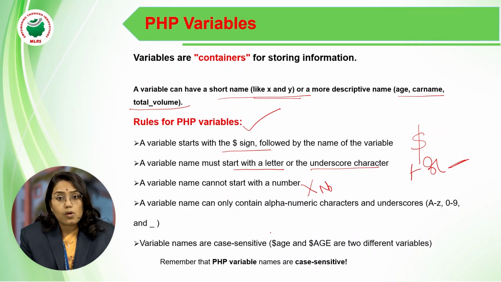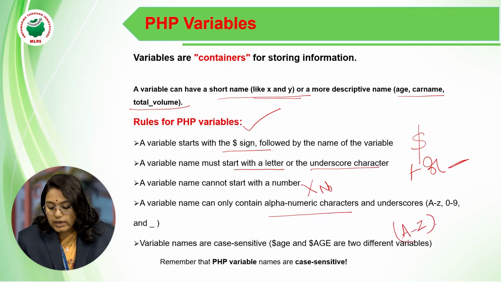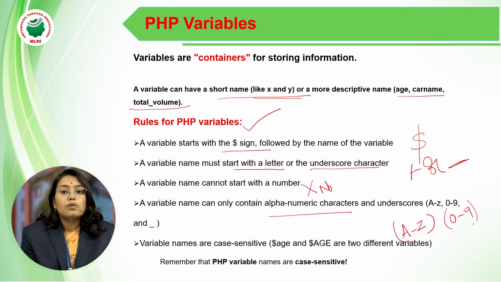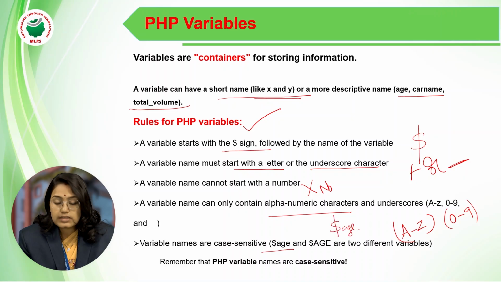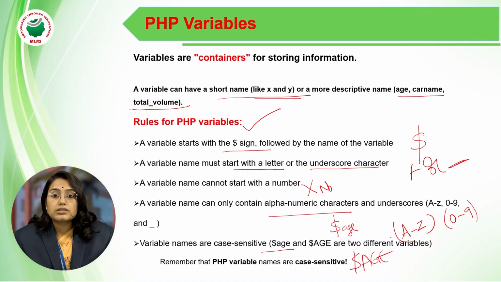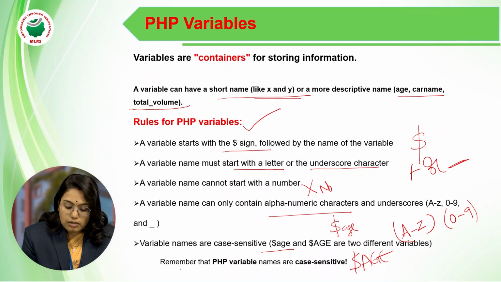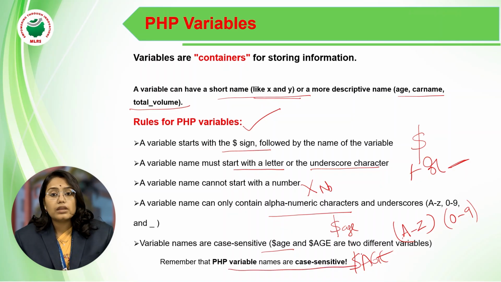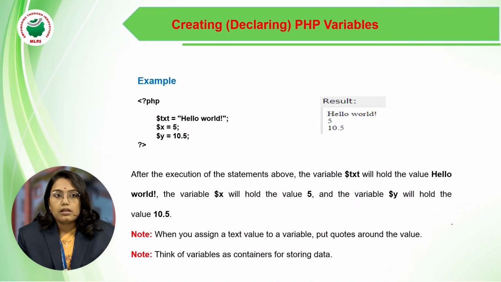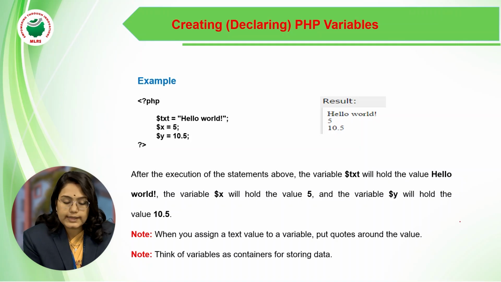Variables can also contain alphanumeric characters, that is A to Z and 0 to 9. Variables are case sensitive, that is, dollar small age is different from dollar capital H, because PHP variable names are case sensitive, so they are considered two different variables.